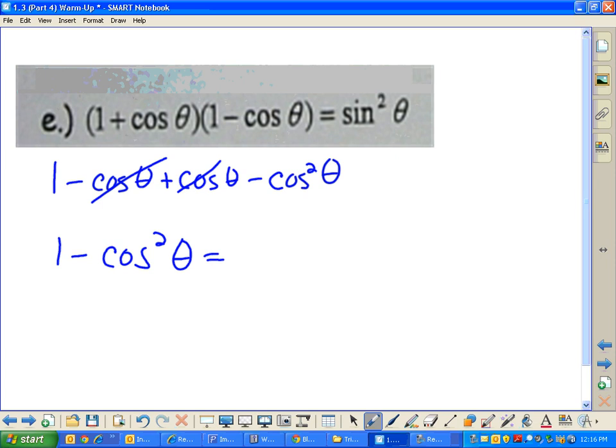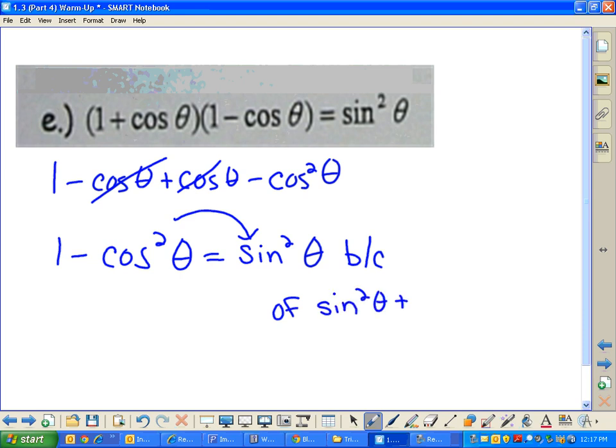You could just say that that is equal to sine squared theta. But you're not done. There's a reason why this is true, why I can make the leap from this side to this side. And here's why. It is because of this particular Pythagorean identity. Sine squared theta plus cosine squared theta equals 1.